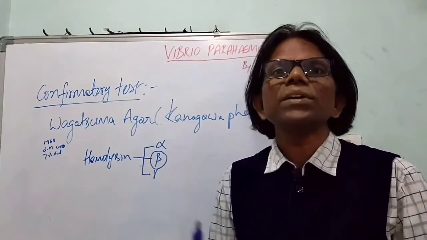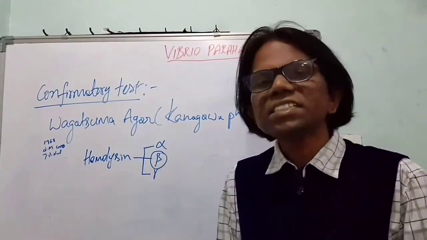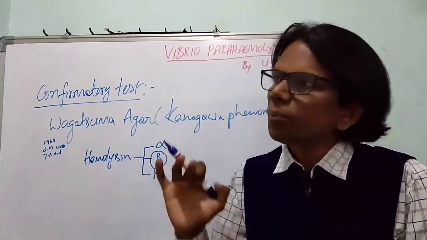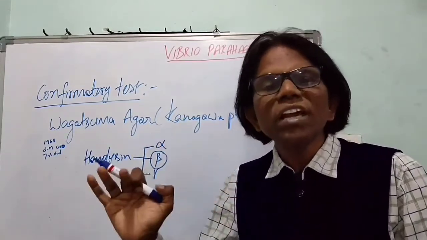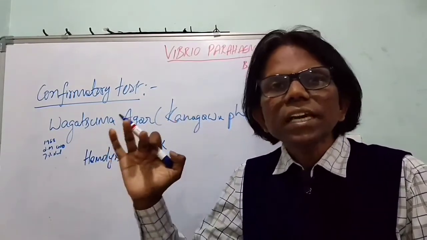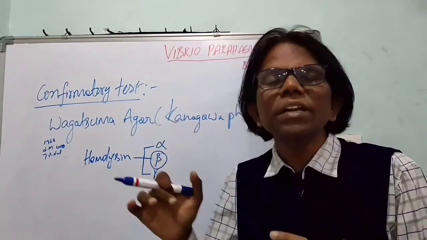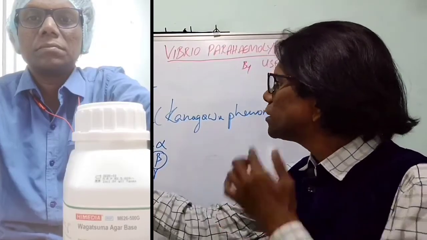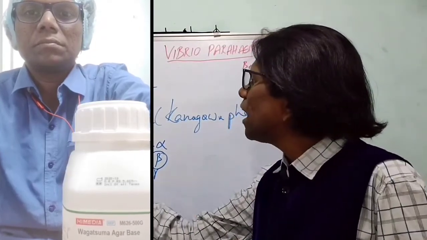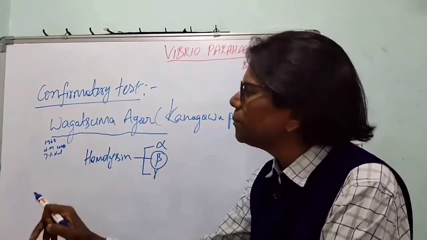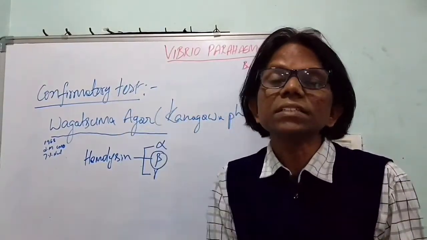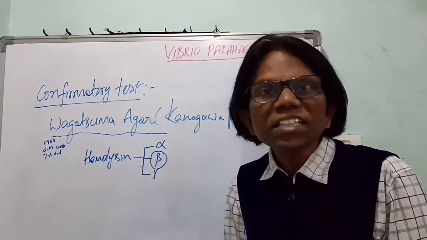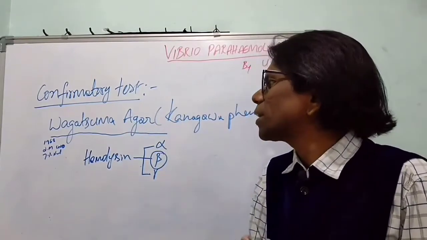Wagatsuma agar, Kanagawa phenomenon. In 1968, the scientist Wagatsuma developed a medium to measure the hemolysis capability of Vibrio parahaemolyticus, called Wagatsuma agar. This Wagatsuma agar is a high-saline medium containing 7% sodium chloride, plus D-mannitol used as a carbohydrate food source for the Vibrio parahaemolyticus.